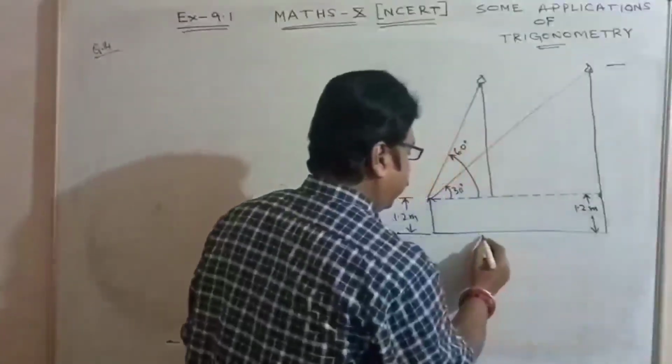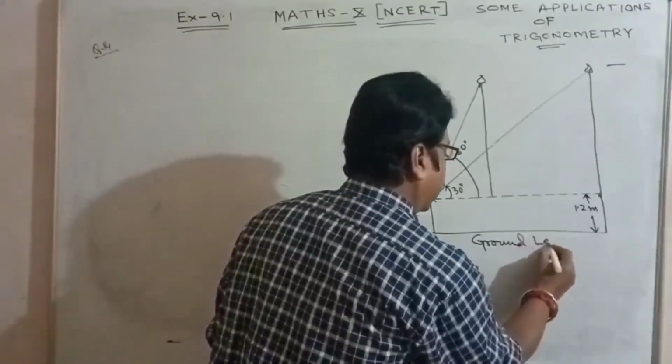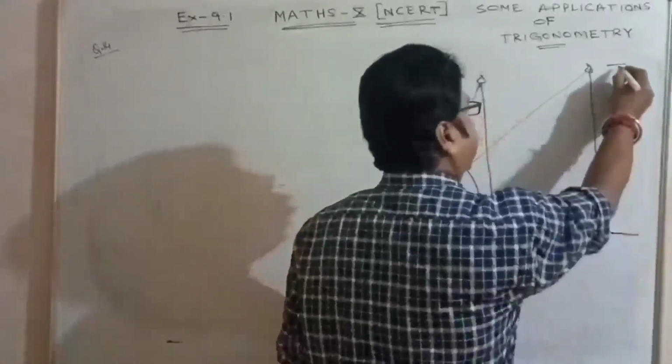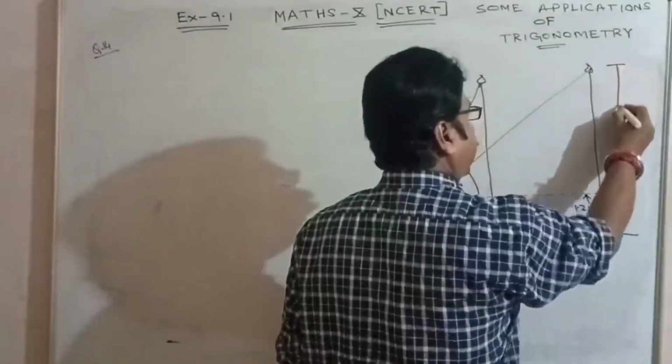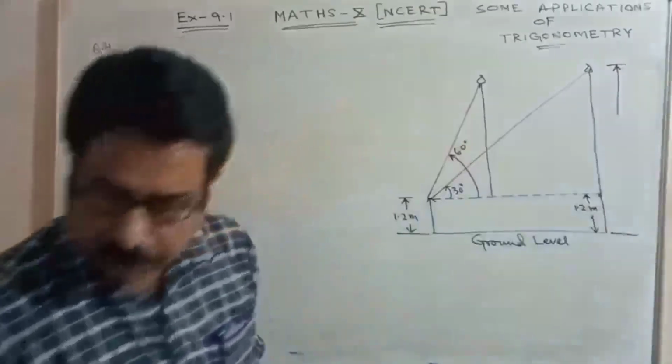Height of this is ground level. From the ground level, the height of the balloon that is given is 88.2 meter.